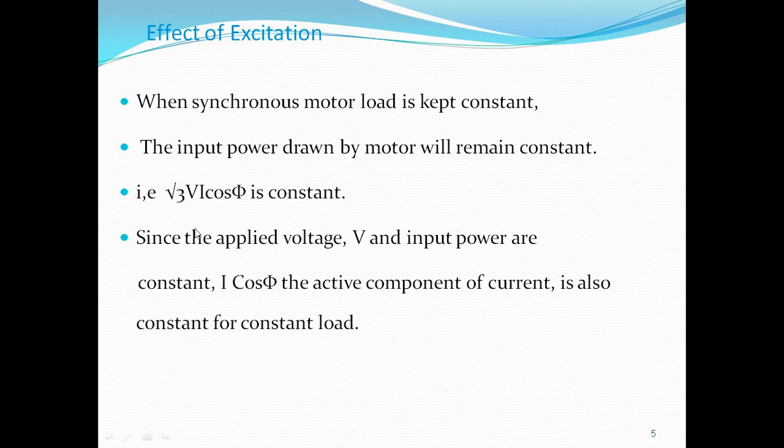When we change the excitation, the current varies and cos phi also varies, but the product of I into cos phi is constant. Understood?